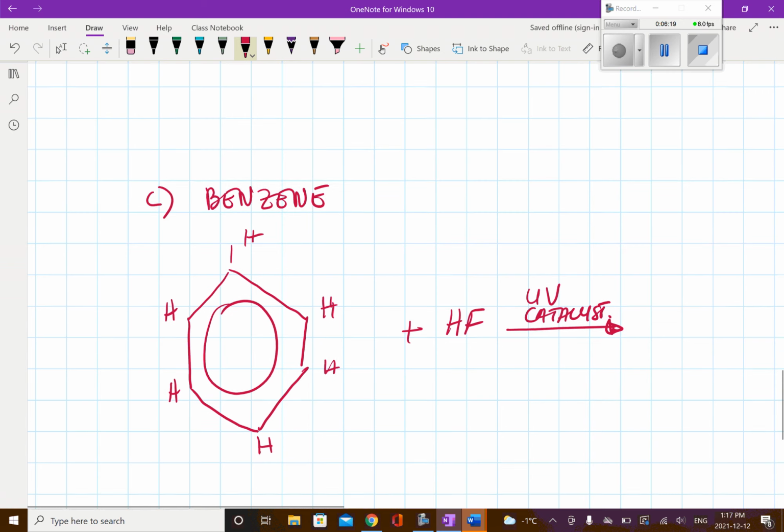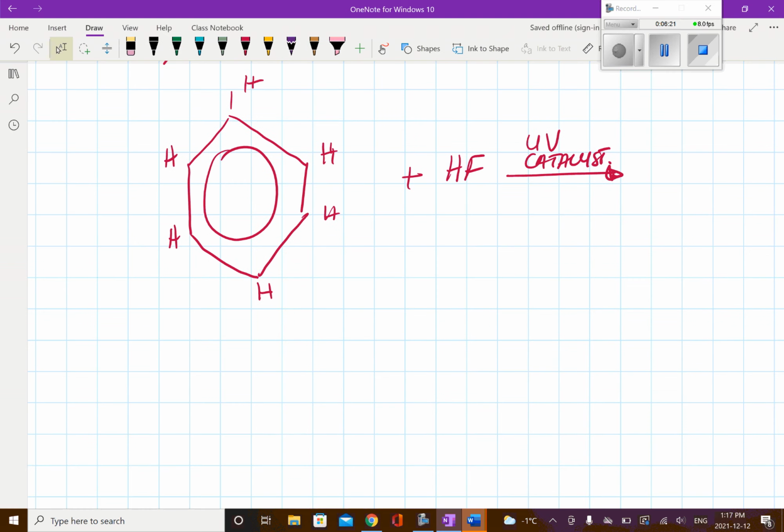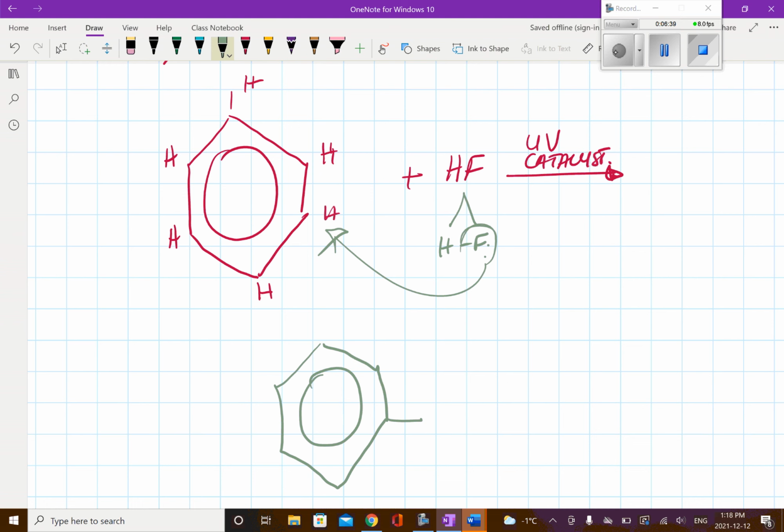So what is happening here, if we rewrite the hydrogen fluoride as HF, then the fluorine here will kick out one of the hydrogens, and then what you will see is the benzene with one fluorine here, and you will see hydrogen gas produced.